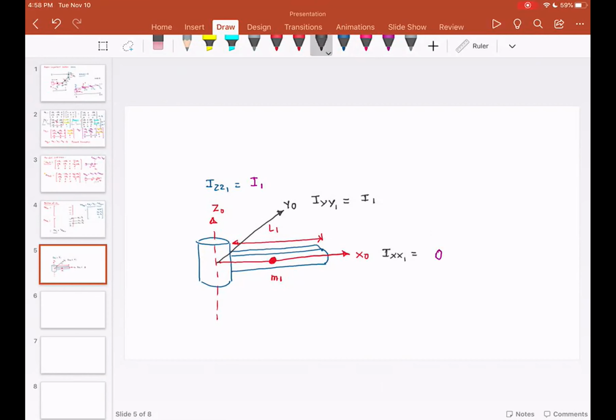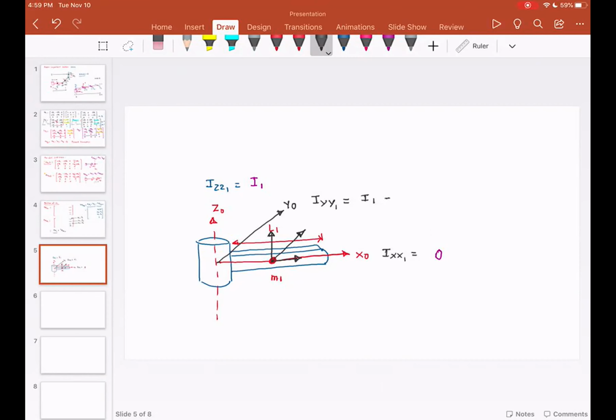And the reason for that is, I just want to tell you, you need to assume the coordinate system something like this. So IXX is 0, IYY is I1, IZZ is I1.